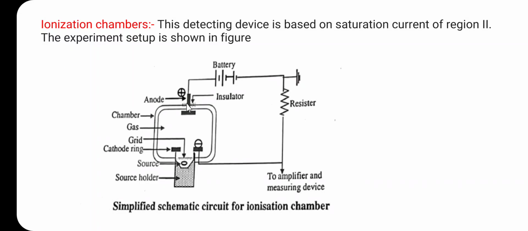This is another electrode, that is the anode. Here there is an insulator, then a battery, and here an amplifier and the measuring device. This is a simplified schematic circuit for the ionization chamber. So the ionization chamber is based on the saturation current of region 2.